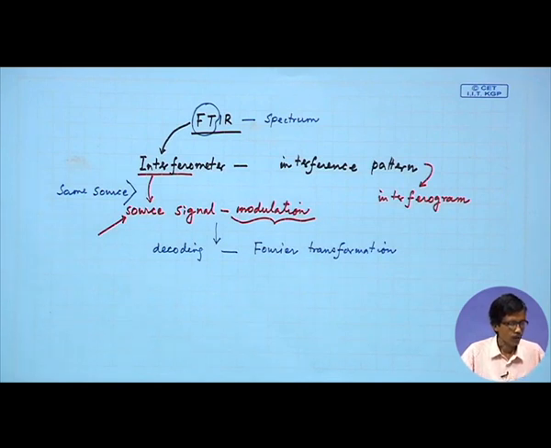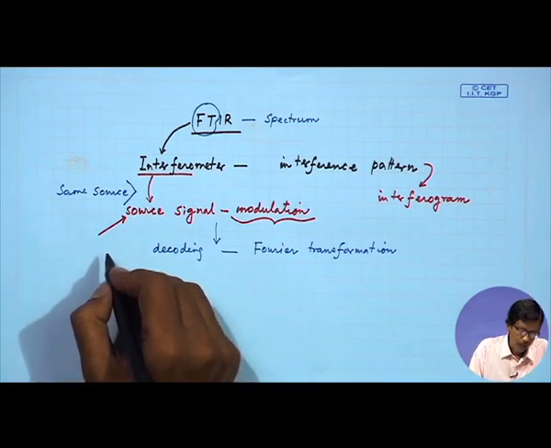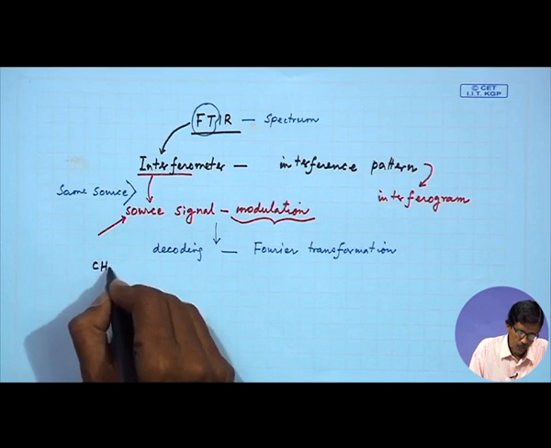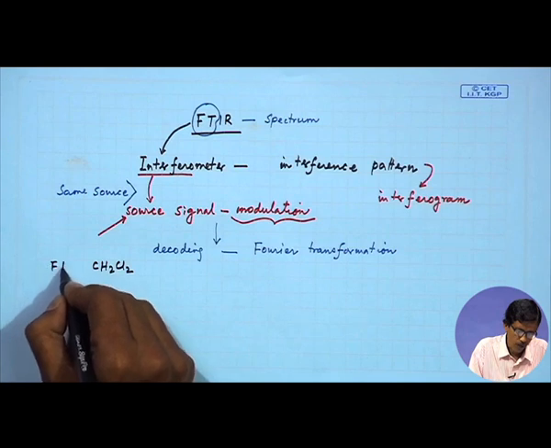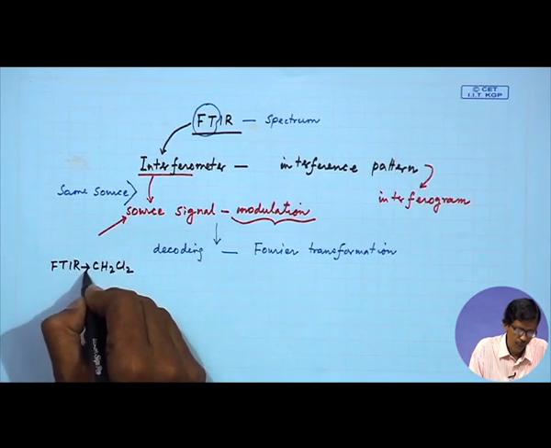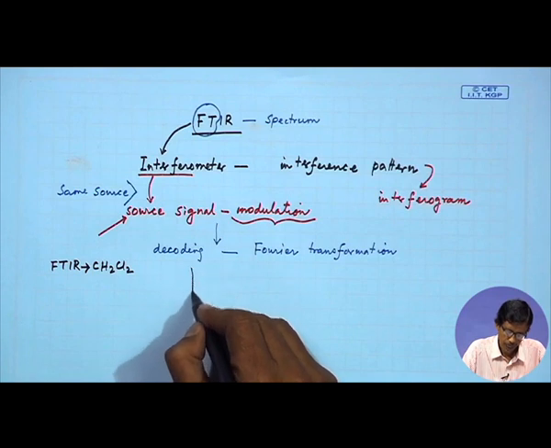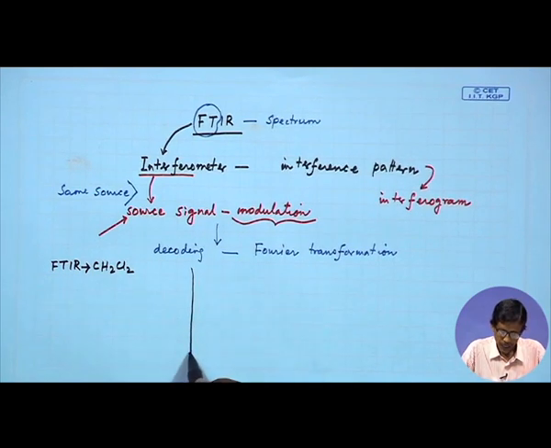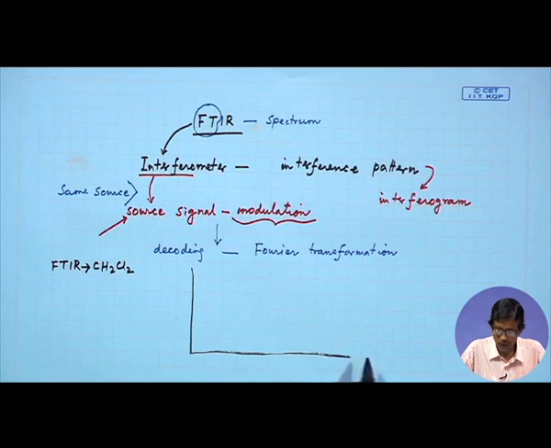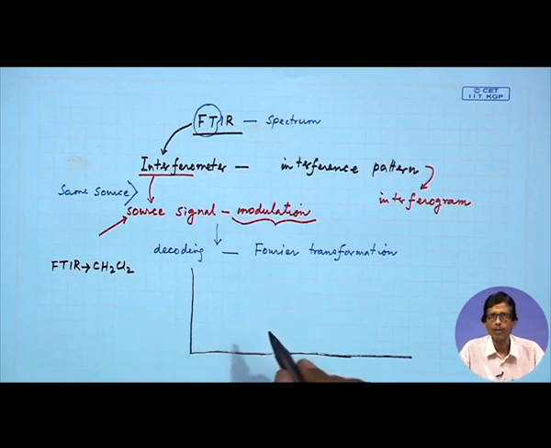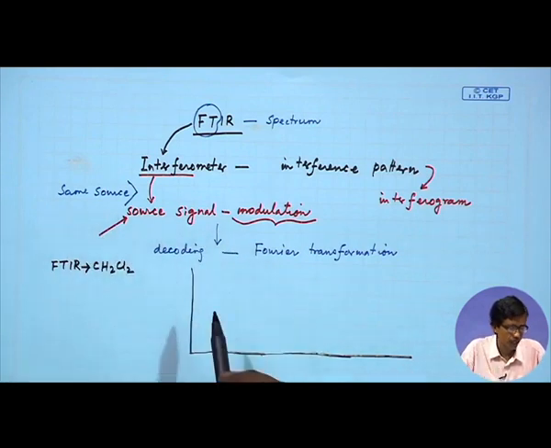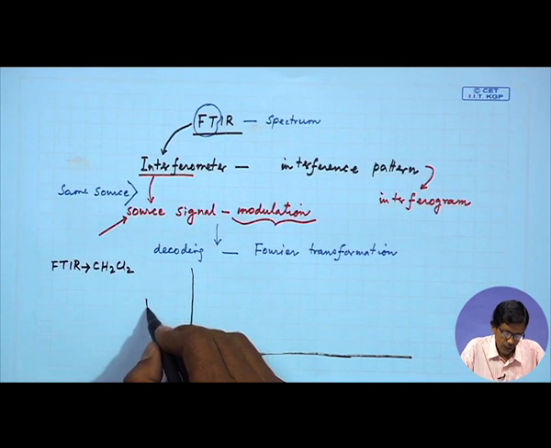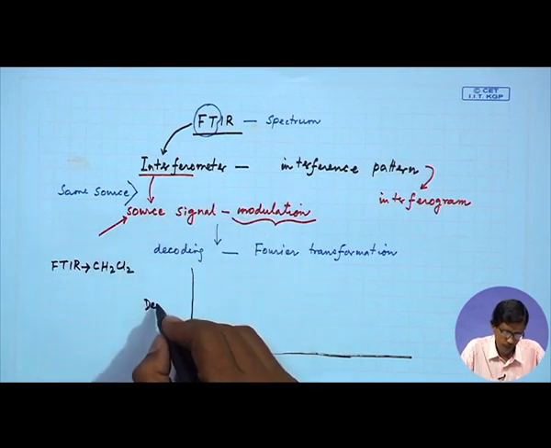And what we find over there, in this particular case, if we take a very simple sample like dichloromethane, and we want to have the corresponding FTIR spectrum of dichloromethane, what will happen and what will the detector see? Very soon we will also see the block diagram of the whole instrument, where you have the source, the modulator and all these, and the interferometer.